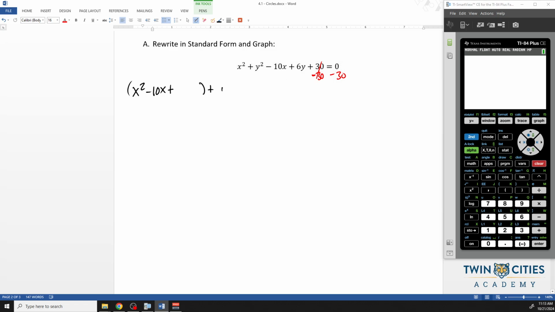So I've got y squared plus 6y, and I'm going to leave a blank spot here too. So all of the x parts are grouped up, all of the y parts are grouped up. This is going to be equal to 0 minus 30, so this will be negative 30. But since I left an open spot for the x's and for the y's, I'm going to have open spots over here as well.